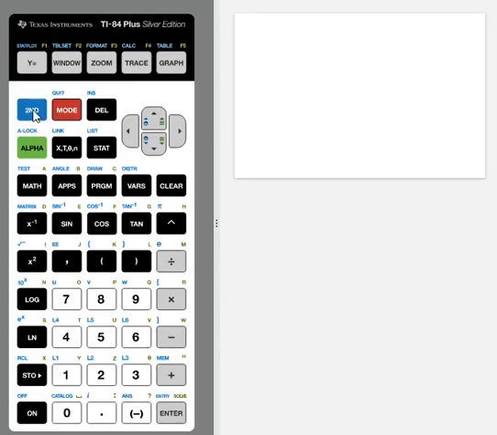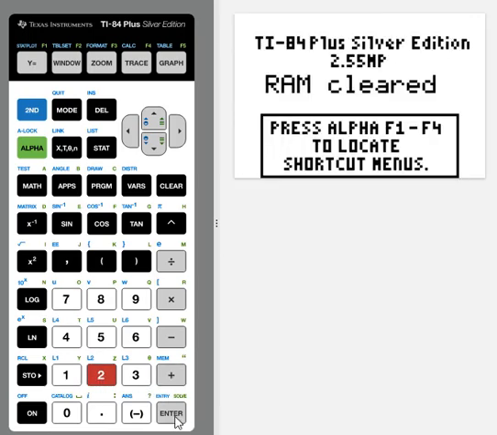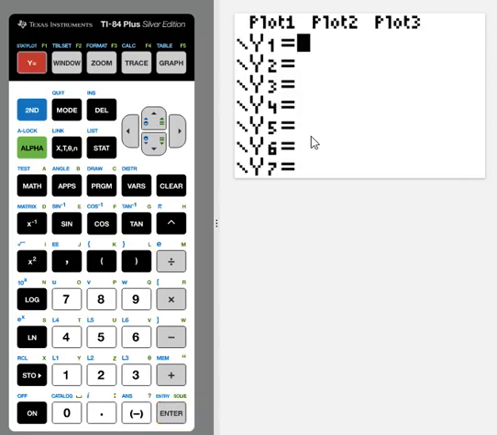First step, you need to clear the memory. So second plus 7, 1, 2. We need to put the function into Y1. That is 6.22 pi x minus 2 pi x squared.